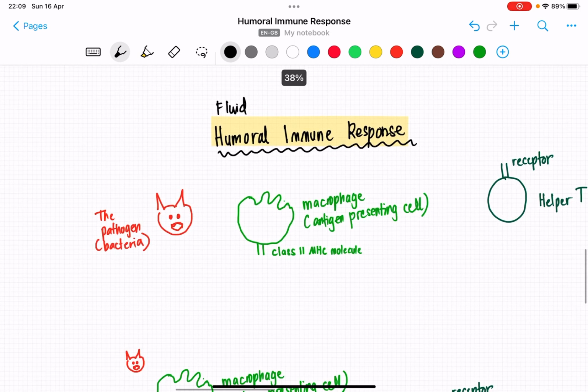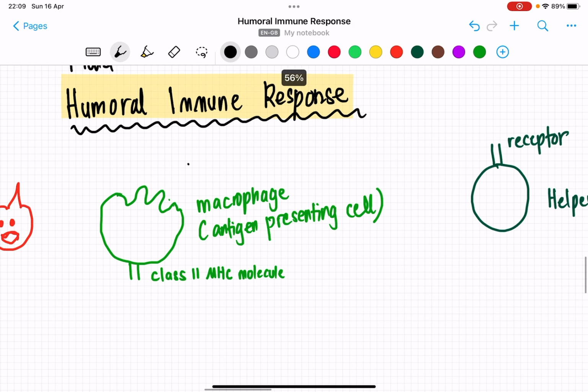So we're going to look at the different cells and different components involved in the humoral immune response. The first one is the pathogen, for example bacteria. The second one is the macrophage, also known as antigen presenting cell.